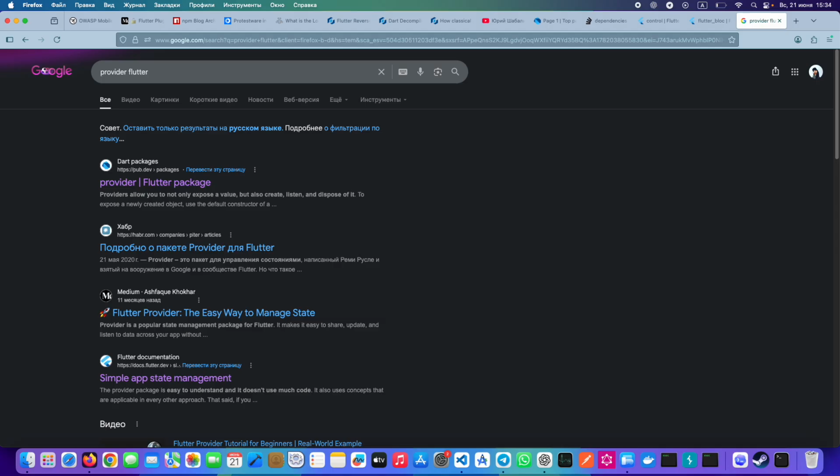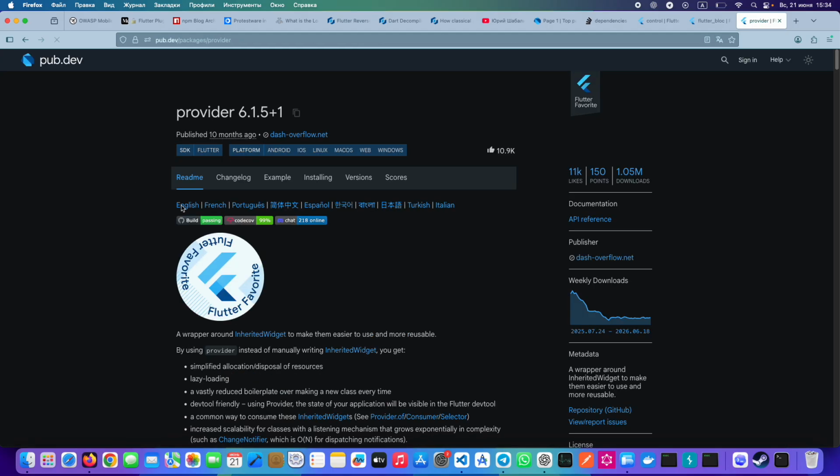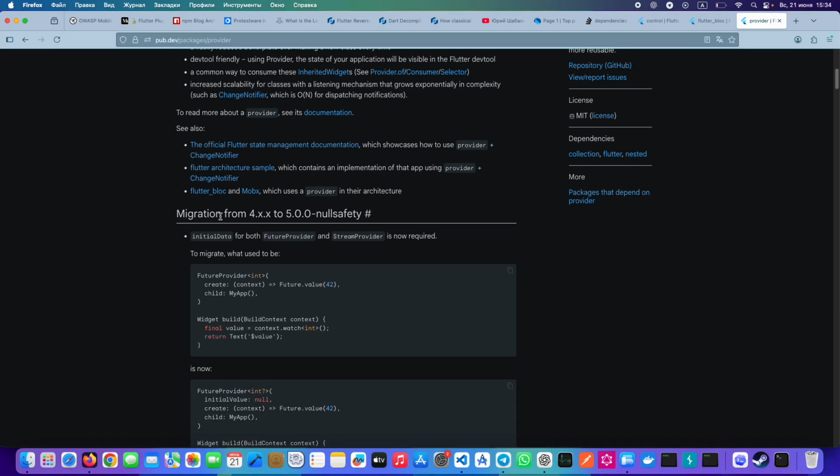The main job of Provider is injecting dependencies. It's not a state manager.